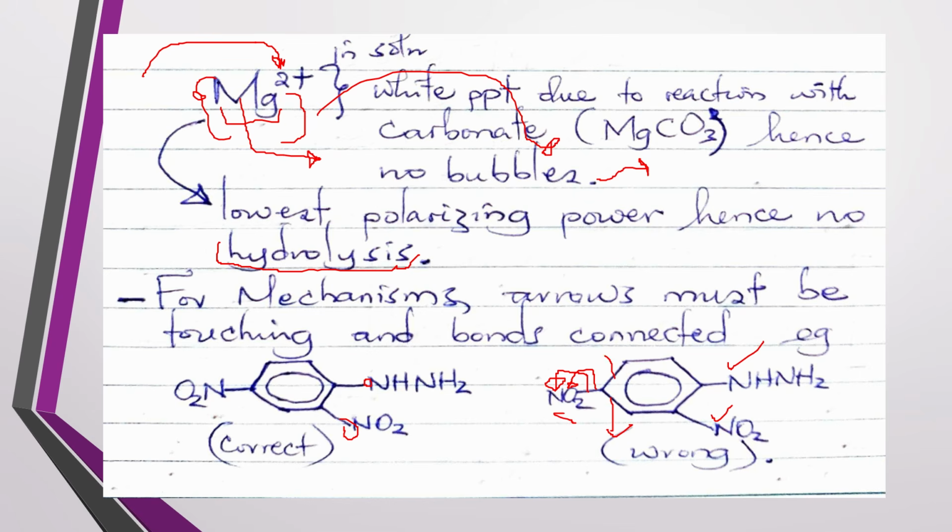The bonds from the phenyl ring have to attach to the nitrogen atom, not any other atom, not hydrogen, not oxygen. It's the nitrogen atom that must be touching the bond from the phenyl group, as indicated on the first example. I hope you have noticed that. So most of you make this mistake when you're dealing with hydrazine. Make sure that you correct that.